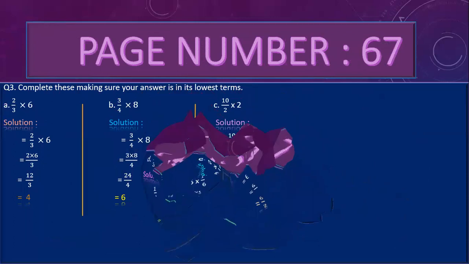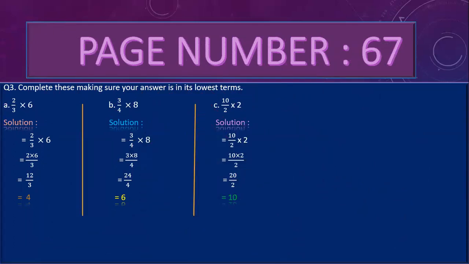Question number 3: complete these, making sure your answer is in the lowest form. It means first we multiply the numbers, and after the multiplication, if they are divisible by any number, then we cancel them and write our answer in the simplest form. Part A, 2 over 3 multiplied by 6.